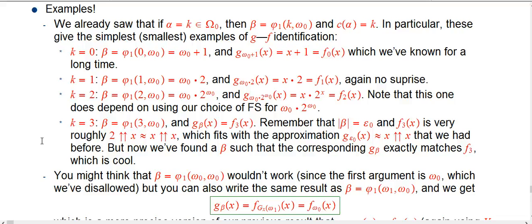Okay, and we have now been able to take that approximately equal and get rid of it, and have something where we've found a way to create a beta, a very specifically engineered beta, that was basically constructed out of a generalization of the fast-growing hierarchy, but applied to omega naught instead of to ordinary integers. And that beta gives you a g beta function that exactly matches F3 on the nose. Okay, and so that's the start.